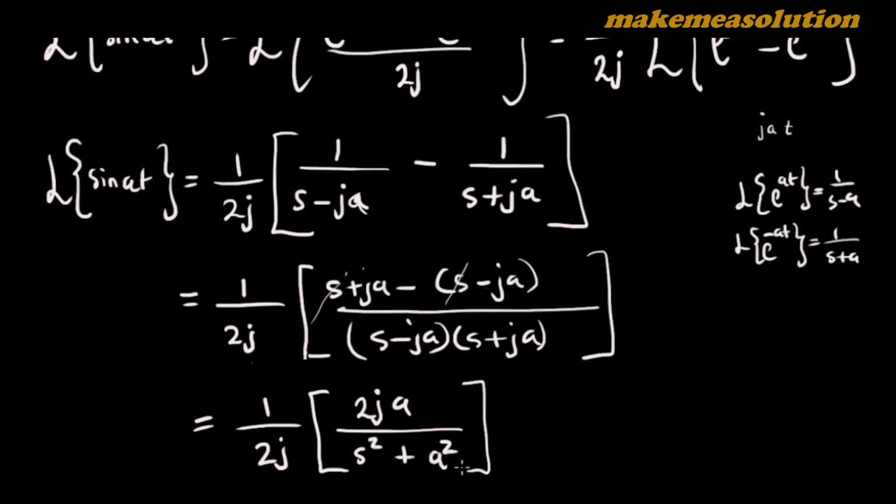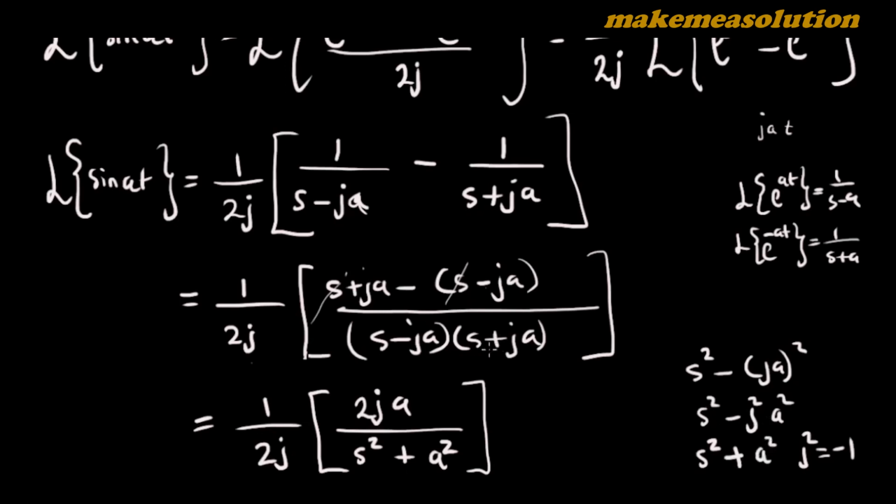When you expand complex conjugates, it's just like the difference of two squares: s minus ja times s plus ja is s square minus ja square. So this is s square minus j square a square, and since j square is equal to minus 1 from complex numbers, s square minus minus 1 is plus, and you now have a square.